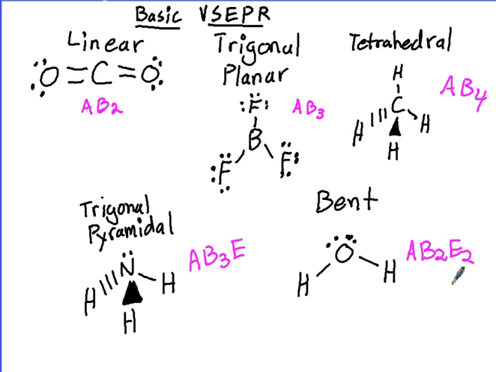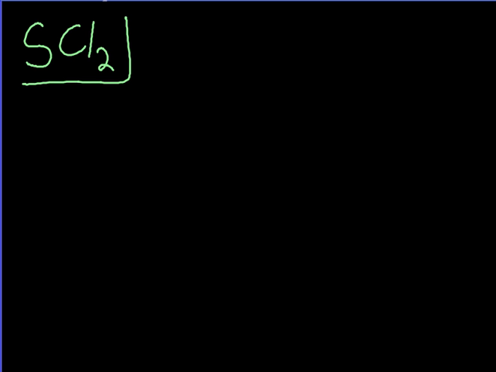So to practice this, let's try SCl2. Again, I'm just going to go really slow with it. Sulfur normally has 6 valence electrons. Chlorine has 7.